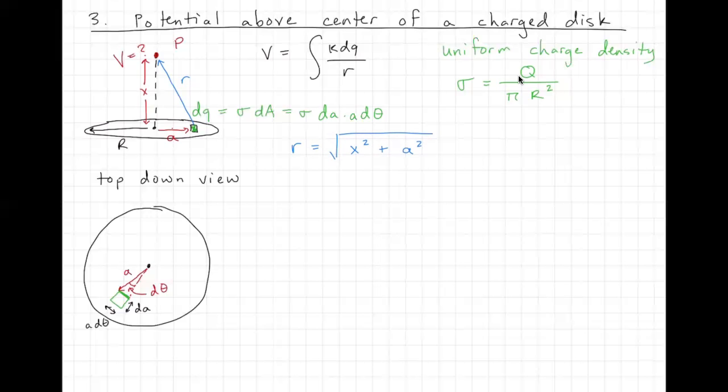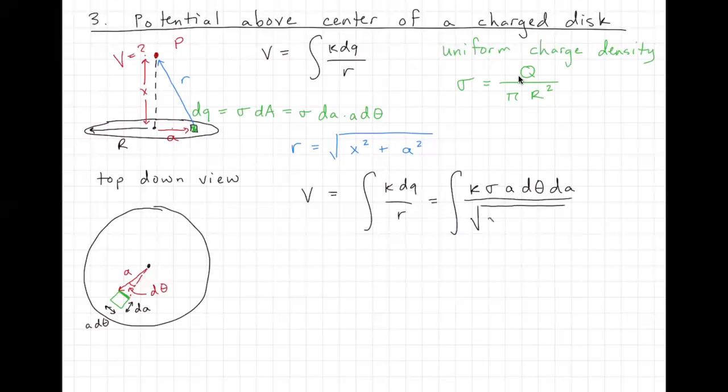Okay, so let's plug a bunch of stuff in. If we want to find the potential, then we're integrating k dq over little r over the entire disk, but we can plug a bunch of stuff in. So that's k, and then dq is sigma a d theta dA, over little r, which is the square root of x squared plus a squared.